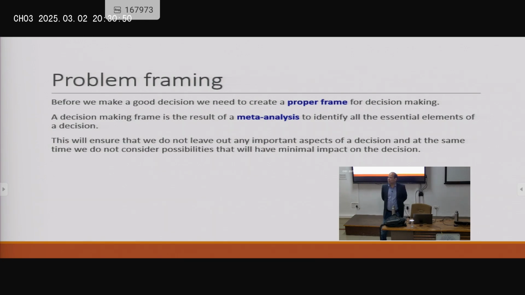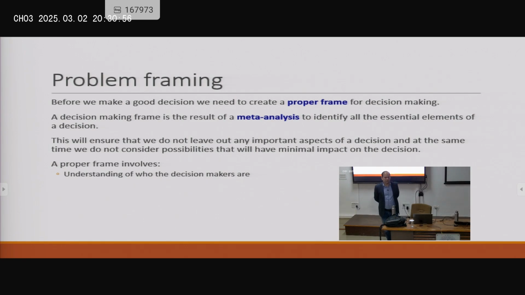So oftentimes a proper frame will involve understanding of who the decision makers are. We need to know who's making the decision. And then later on, when we talk about decision utility functions, we will see that knowing who the decision maker is, what their preferences are, is really critical to making decisions, because no two people make the same decision.